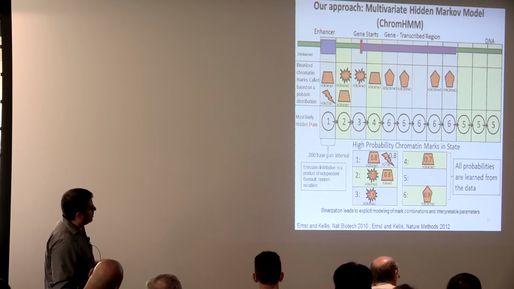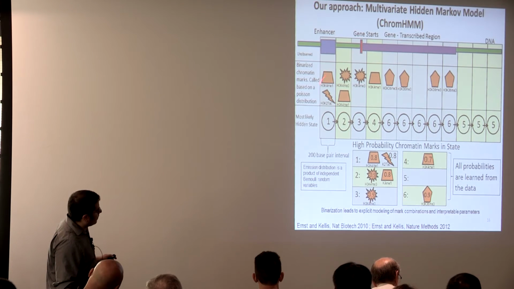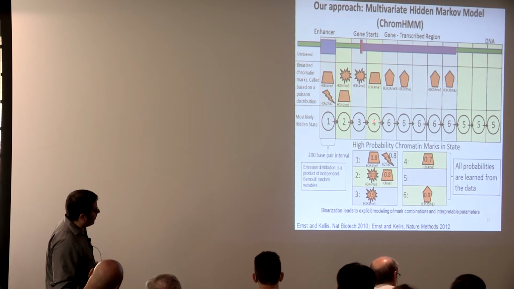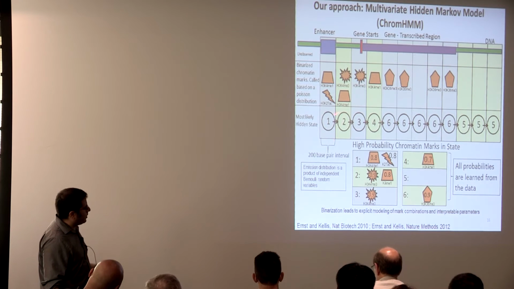So what it's saying here is that this is what we're observing. And then what we're going to say is that at some location in the genome, in each interval, we're in one of a finite number of states, these hidden states that we don't observe directly, but we want to infer which hidden state we're in.